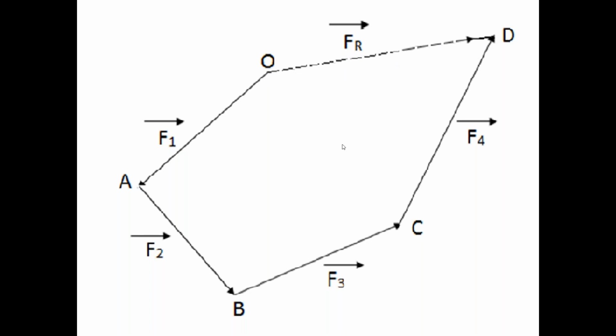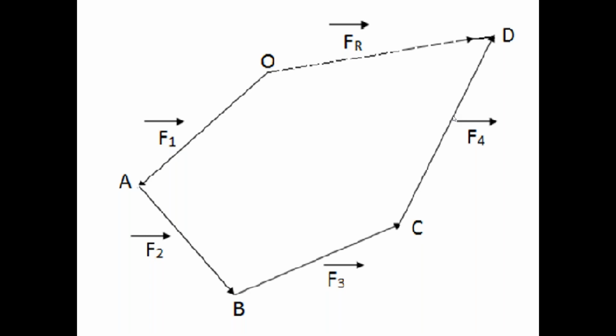In this open polygon, the closing side of the polygon from point O to point D, in the opposite direction, is the resultant force. So this OD is the resultant force of the four forces F1 bar, F2 bar, F3 bar, F4 bar.